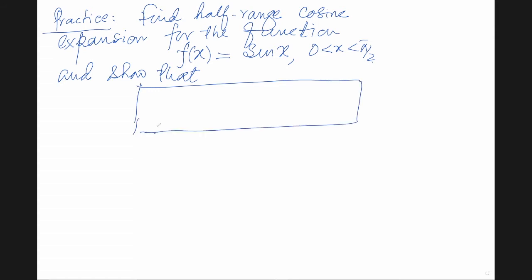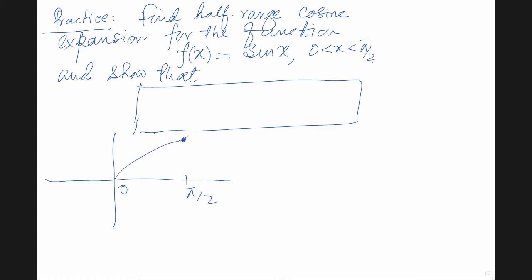Here in the end, you will put x equal to 0, because this is a cosine series. You know when x equal to 0, the function is discontinuous from 0 to pi by 2. What is the function?